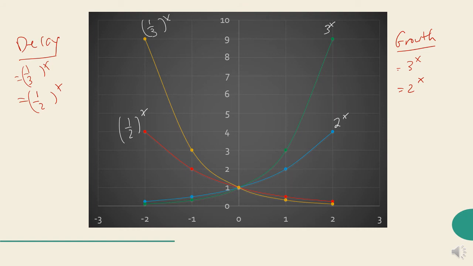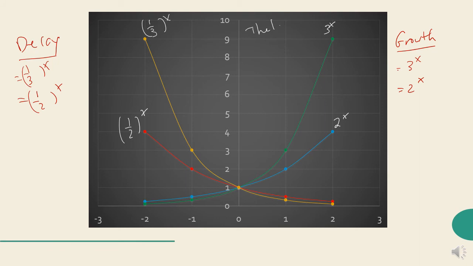If we look at the growth ones, which one would you say is steeper? I think we could all, using common sense and just looking at it with our eyes, say the green one is steeper. It's 3 to the x. It grows exponentially quicker. So that's an important thing that we're going to write.